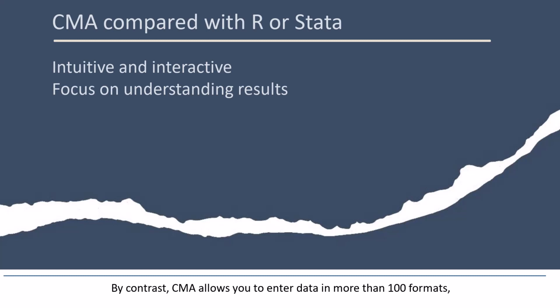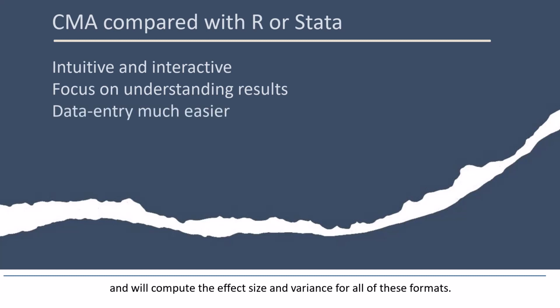By contrast, CMA allows you to enter data in more than 100 formats and will compute the effect size and variance for all of these formats. With CMA, you can enter data for each study in its own format and use as many formats as needed in the same analysis.